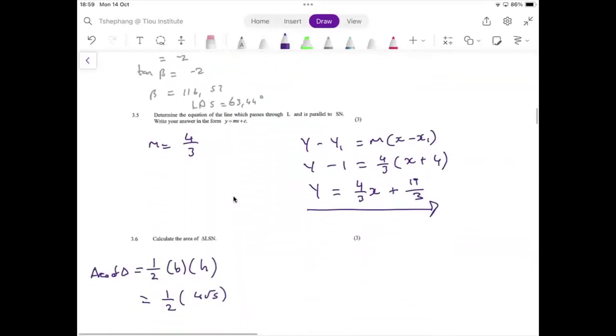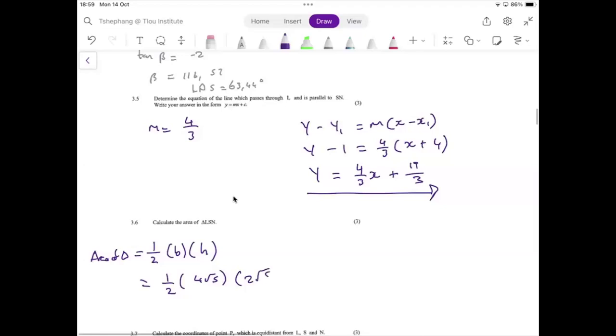Now that we can plug in here, and from here, we just rely on our calculator, and that should give you 20. √5 times √5 is 5, and then times 4, which is 20 units squared.